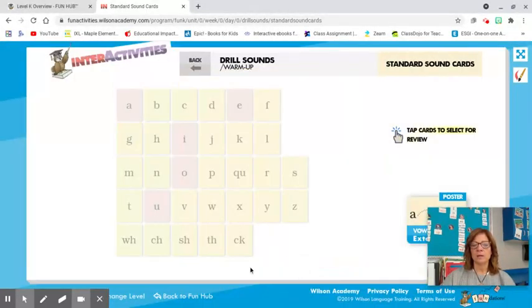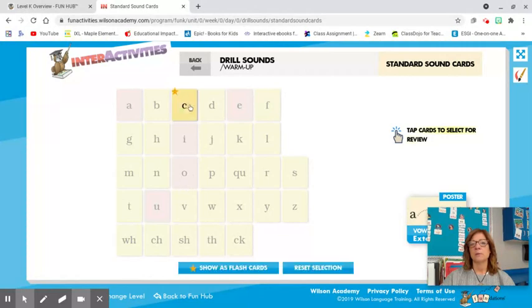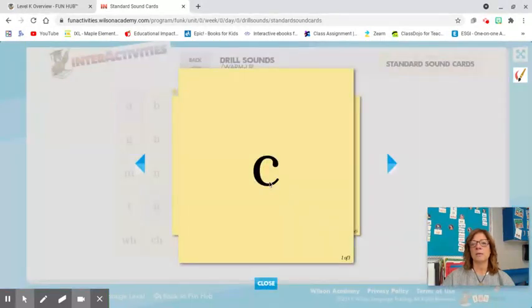All right. The next one I want you to find is K. K. Now this one could be a little tricky, right? Because we know that more than one letter can make that sound. So I am going to pick all of the ones that can make the K sound, and maybe you can do the same. All right? So I'm going to pick this one, and this one, and this one. And let's look at them. Here we go.